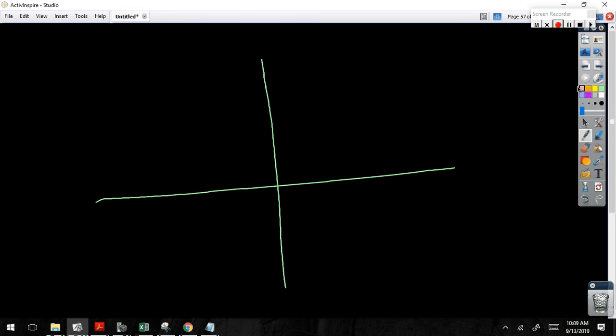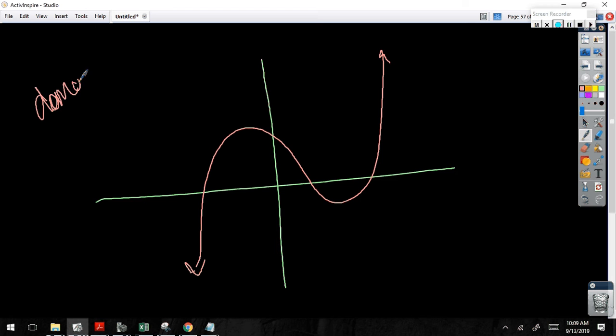Okay. Let's do one more. We're going to make some real life graphs here. It's a cubic, actually. We'll get to it. What is the domain? What's the domain here?